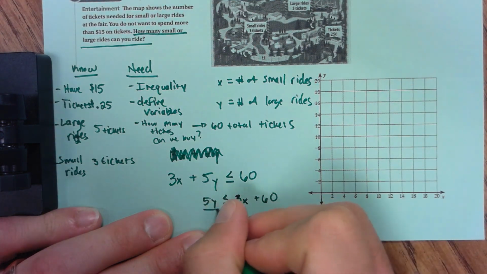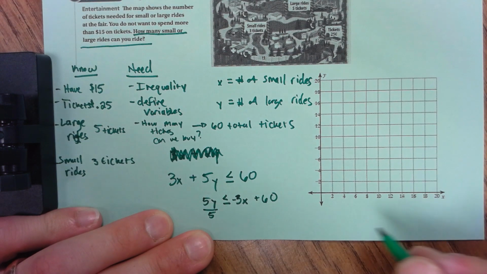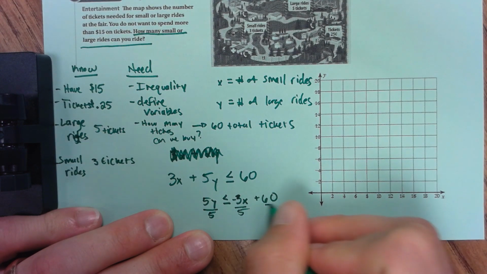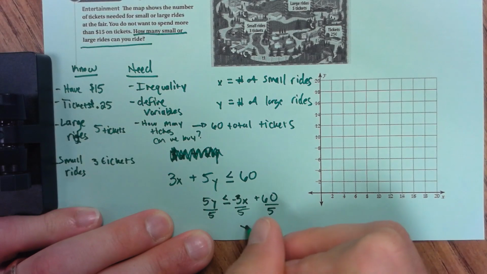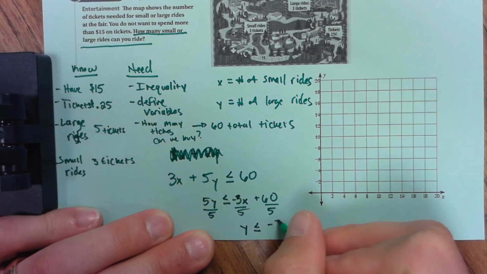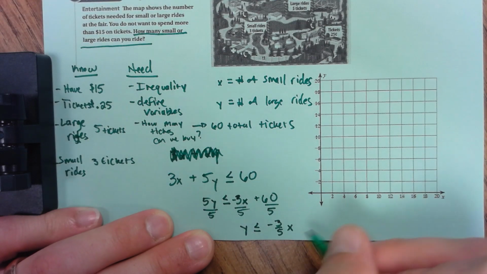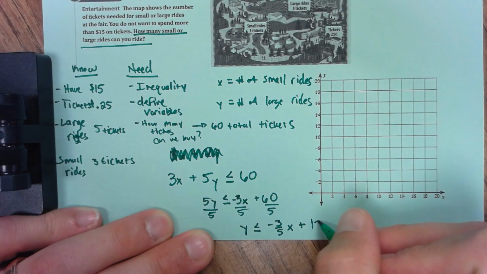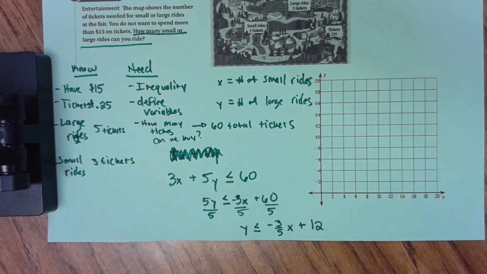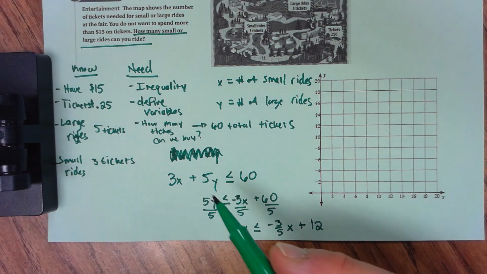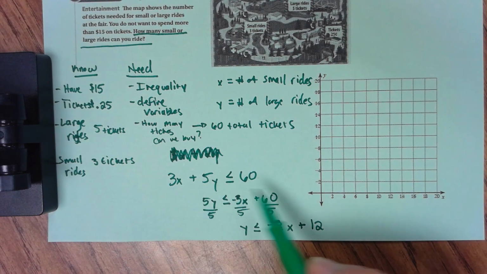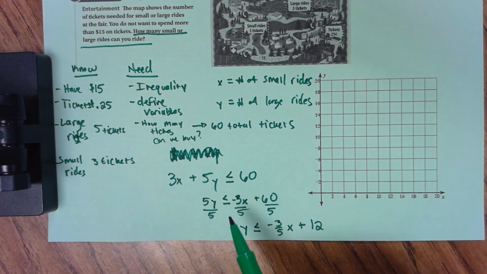And I'm going to divide by 5. And so we get that y is less than or equal to negative 3/5 x plus 12. And just a reminder that when you are getting y by itself, if you happen to multiply or divide both sides by a negative, we still flip that inequality sign, just like we saw when we were solving inequalities.